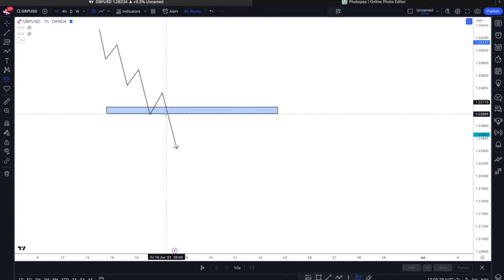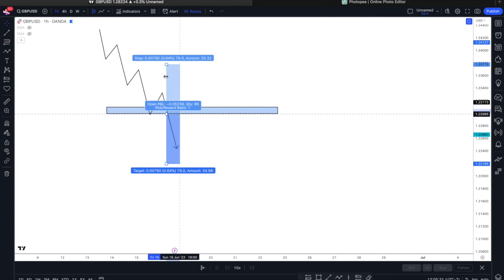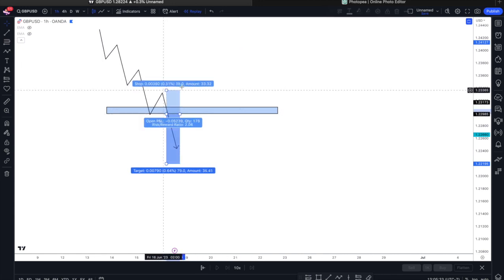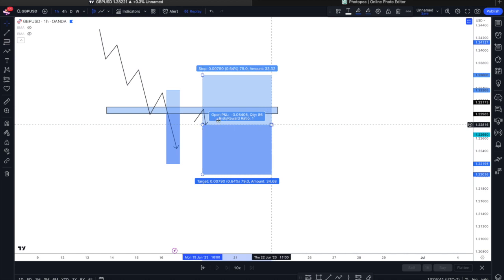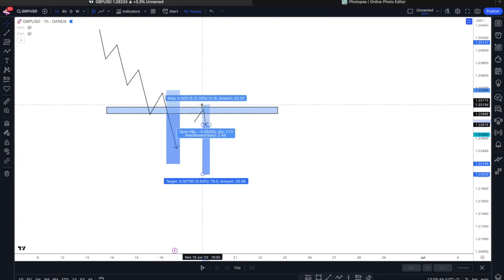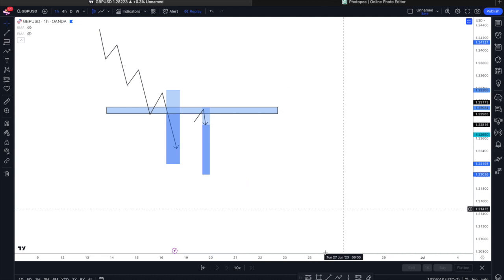When it comes up to this level, you can either have a sell limit and have your stop loss above the previous high, or you can wait for a candle confirmation. You can wait for price to come up, reject it, and then take sells right there. You can have it above the body, you can have it above the wick, whatever you want to do. It's good because you get to see a visual rejection of the level, right?